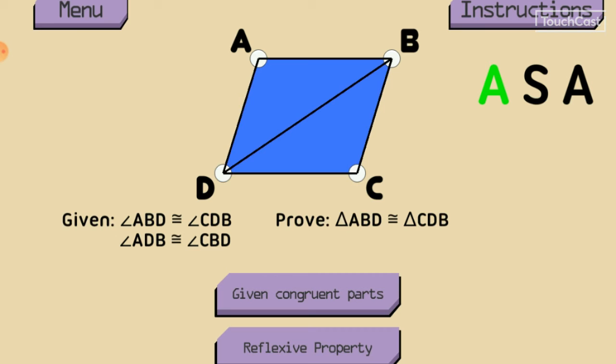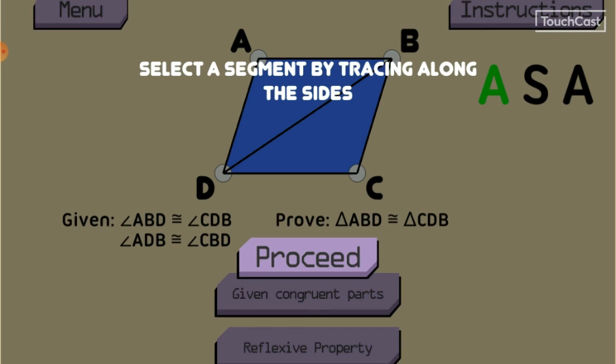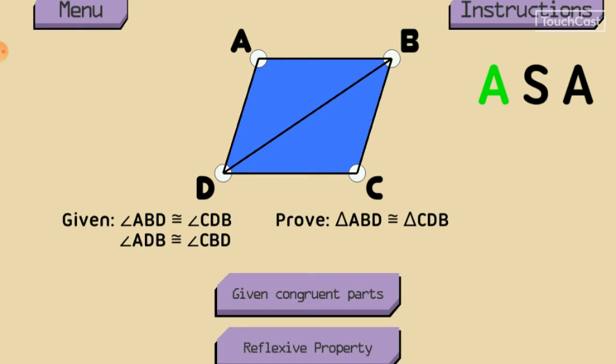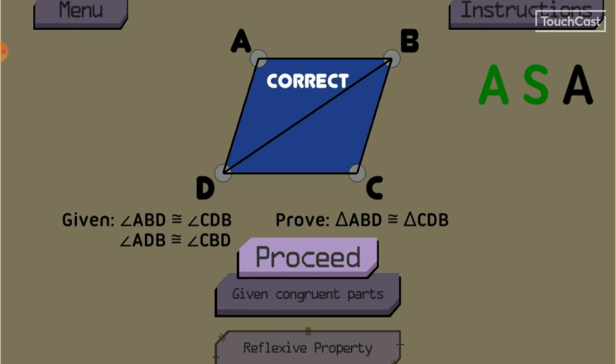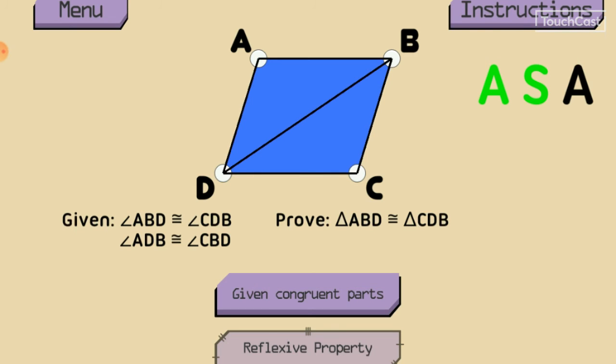That's the reflexive property, and we're asked to select a segment. So from what we have, we have DB. Okay, and yes, that's correct. DB is congruent to itself. That's the reflexive property. So notice that the S part of ASA is now highlighted.